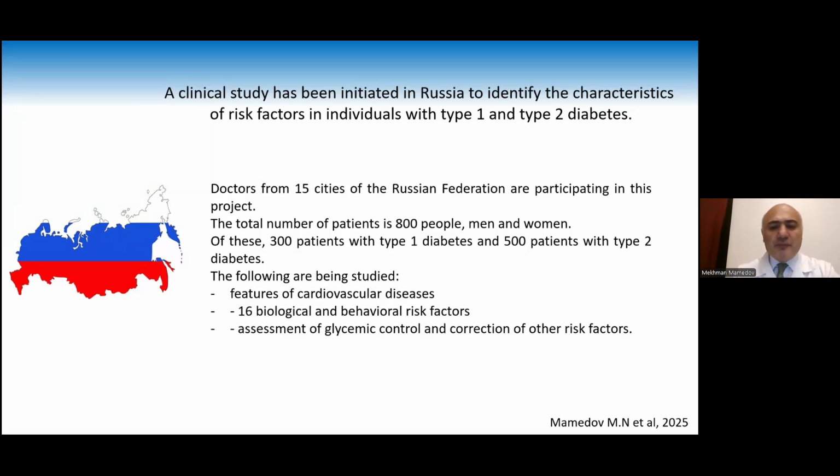The total number of patients is 800 people, men and women: 300 patients with type 1 diabetes and 500 patients with type 2 diabetes. The following are being studied: features of cardiovascular disease, biological and behavioral risk factors, assessments of glycemic control, and correction of other risk factors.